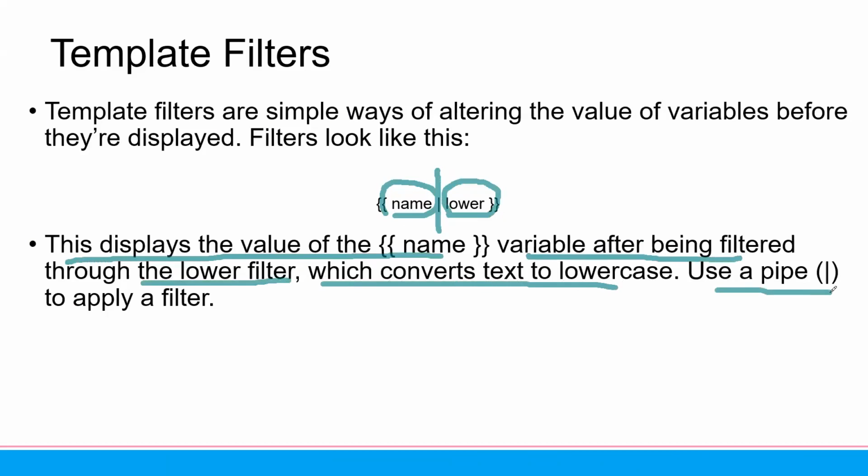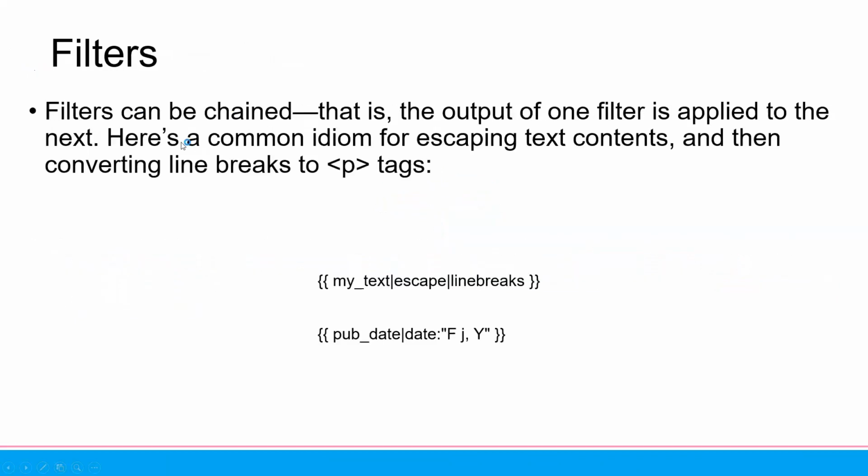You can use the pipe, or this vertical line, to apply a filter. Filters can be chained, or you can have multiple filters. That is, the output of one filter is applied to the next.